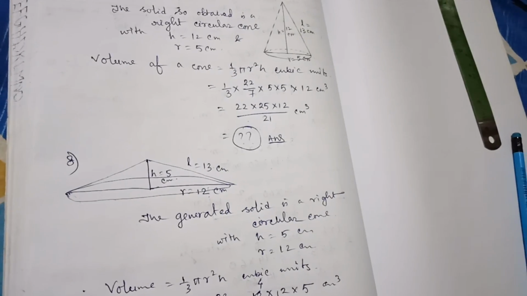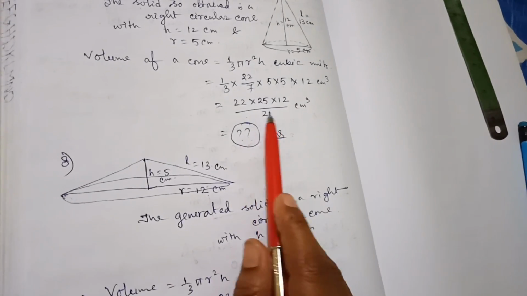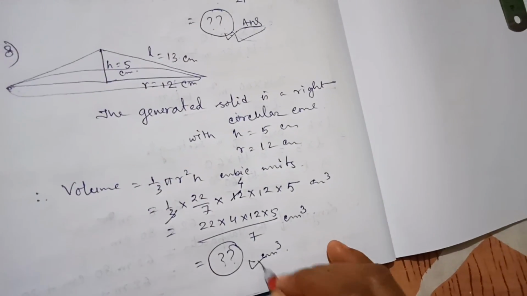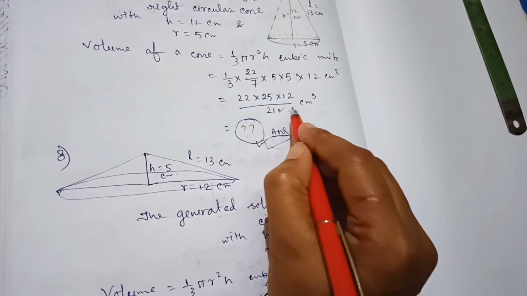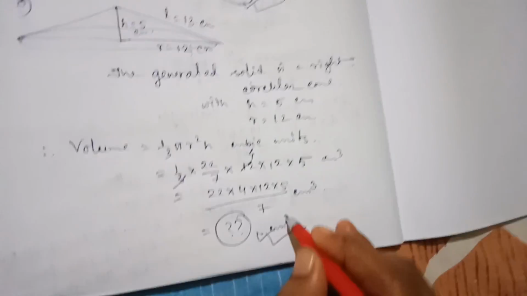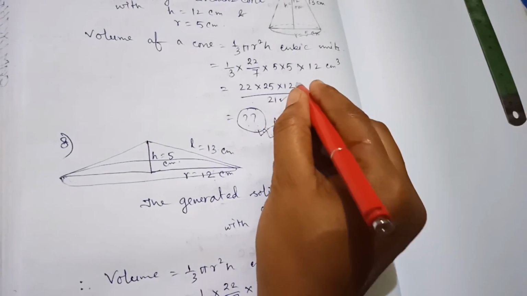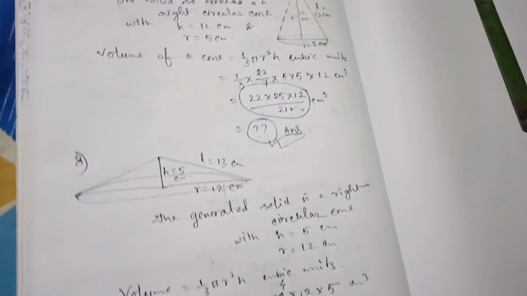And as I have to find the ratio finally, I will not take the answers. Rather, I will take the second last line of the calculation. This one and this one. Look, this and this. These two we will take to find out the ratio.